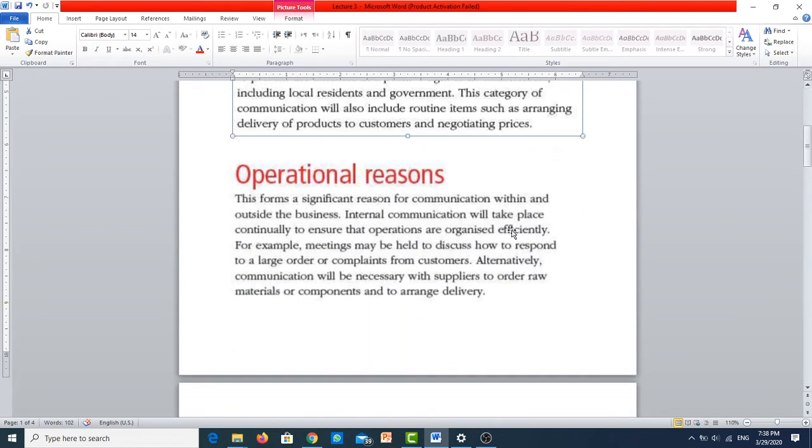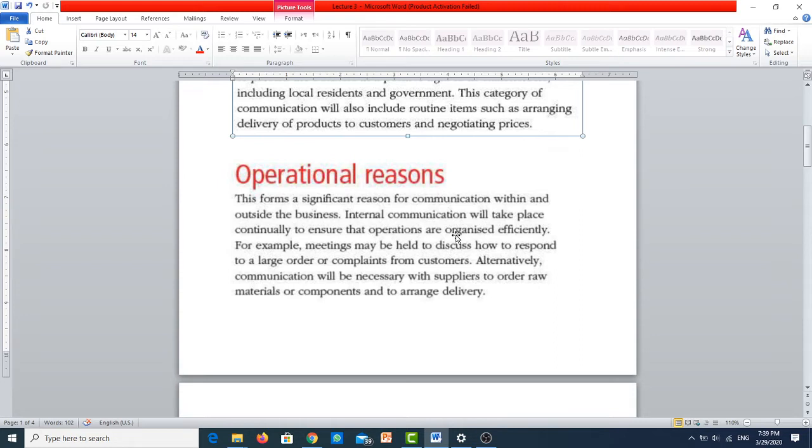we come across operational reasons. Operational reasons, the communication can be internal or maybe outside the business, because 70 to 80% of work is done internally.